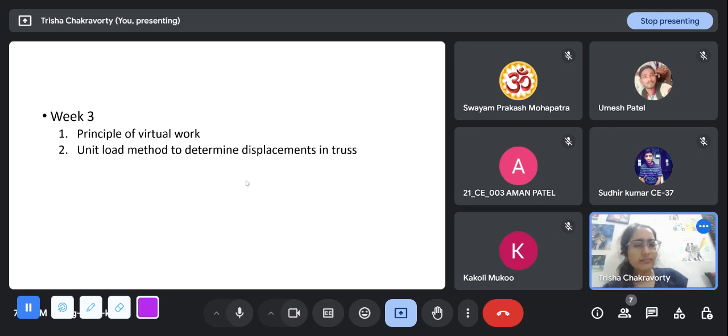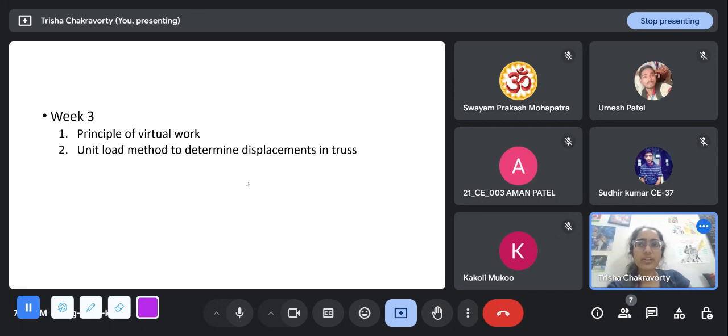And just for the sake of the future, when you go into design of structures you will see that there are two types of limit states according to which we design a structure. One is the ultimate limit state or the collapse limit state. A limit state is basically an equation that must be satisfied for the structure to not fail.